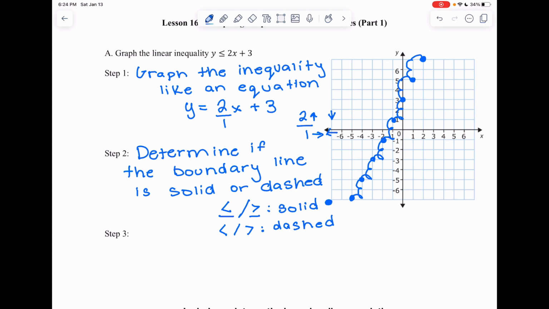So if your boundary line is dashed, it tells you that any points on the boundary line are not solutions to the inequality, similar to having an open circle. So if you look up at our inequality sign, I do have a line underneath it, which means equal to. So my boundary line is going to be solid all the way through my points.